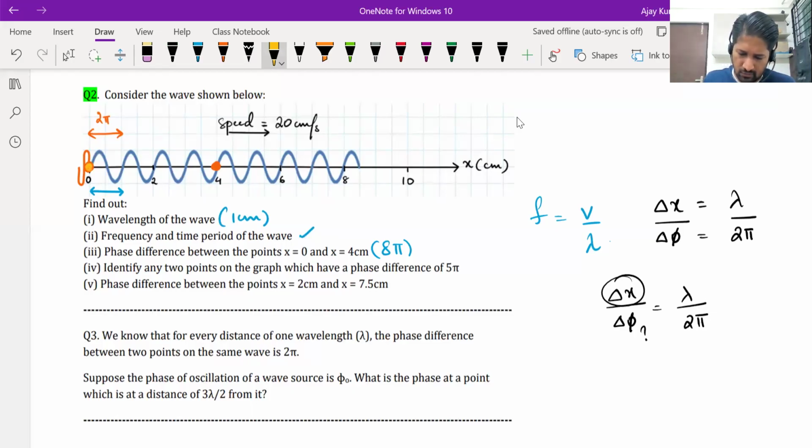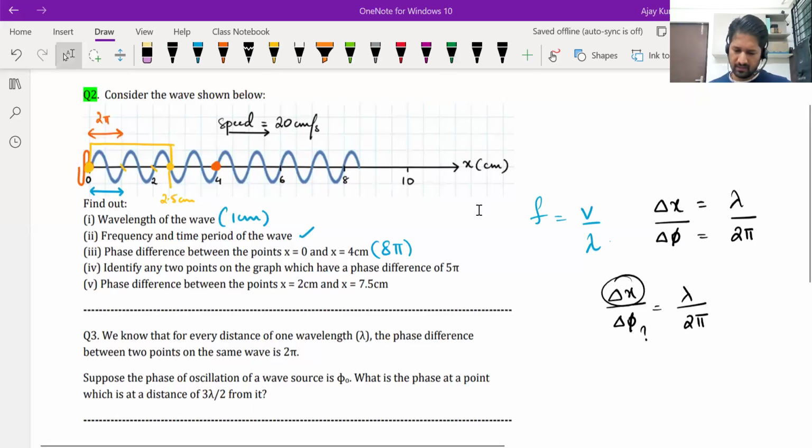You can take x equal to 0 as one of them. Then 1 wavelength, 2 wavelengths, 2.5 wavelengths. This point is 2.5 centimeters itself. So x equal to 0 and x equal to 2.5 are 2 points separated by a phase difference of 5 pi. In fact, you can find infinite such pairs of points which are separated by a phase difference of 5 pi. Is this clear? Any doubt in this?